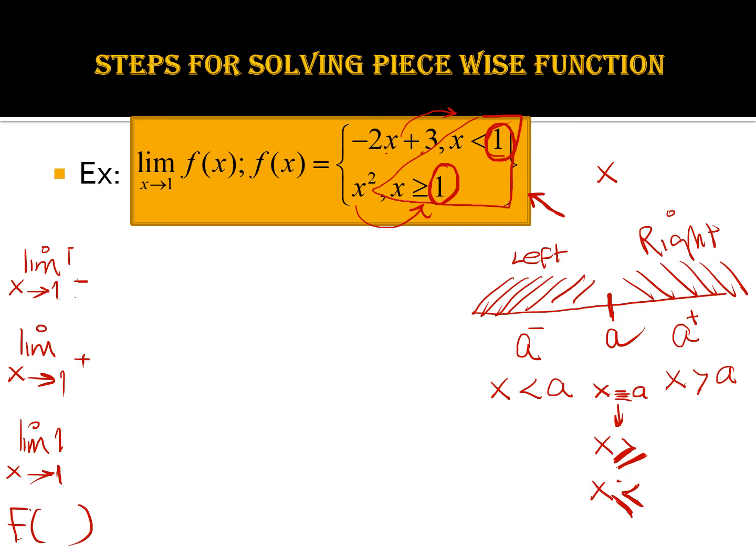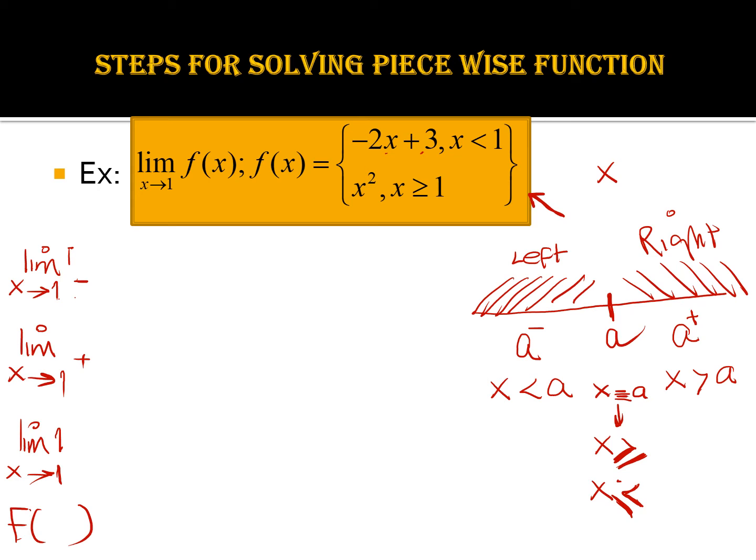From the left hand side, it means you have to read the equation from the left hand side, which means that x should be less than 1. So which equation, if you look at the graph, is representing x less than 1? The first equation.